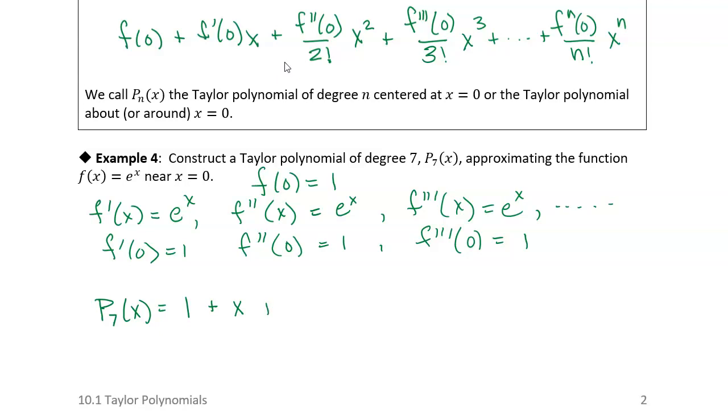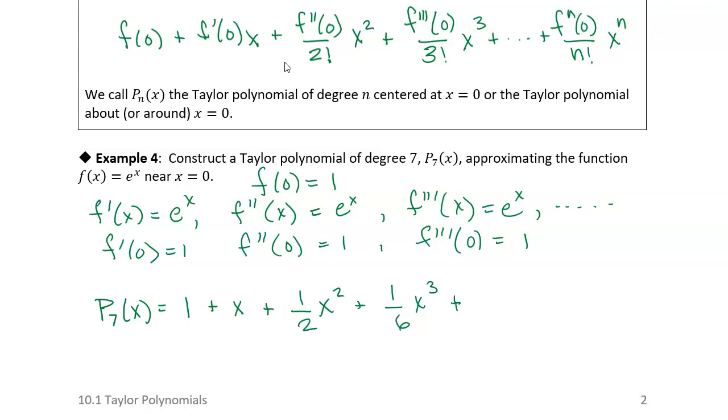The next term is the second derivative at 0, so 1 over 2 factorial, which is just 2, times x squared. And then the third derivative at 0, which is again 1 over 3 factorial, which is 3 times 2 times 1, which is 6, x cubed. And we've got to keep going, because we want the 7th degree polynomial.